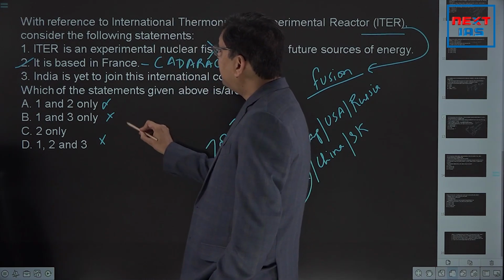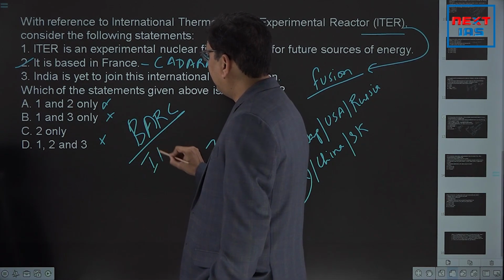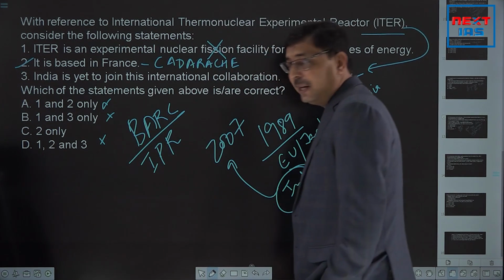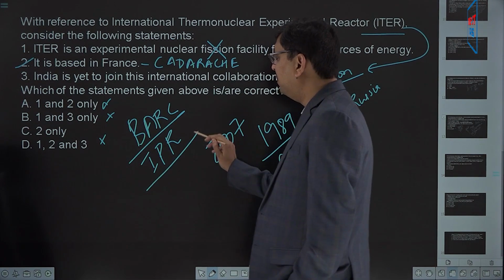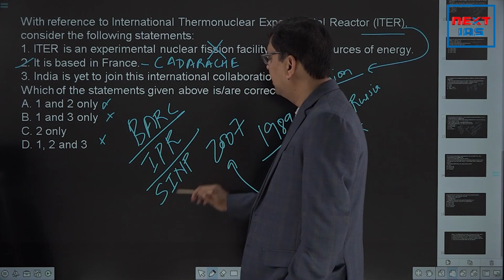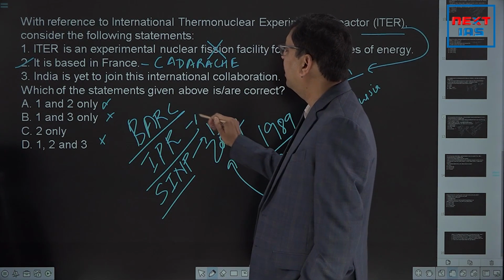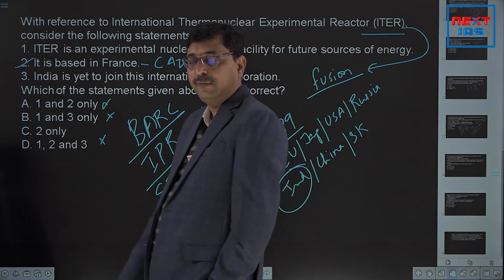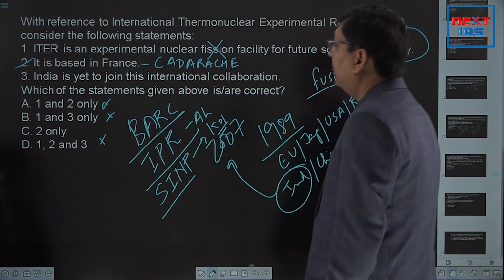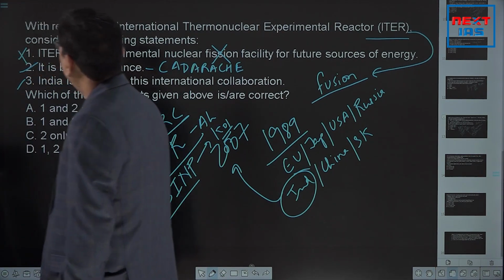India is represented by BARC, Institute of Plasma Research, Ahmedabad, and Saha Institute of Nuclear Physics, Kolkata. BARC, I don't have to tell you. So this is also incorrect.